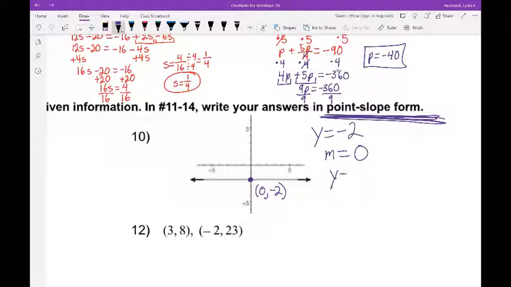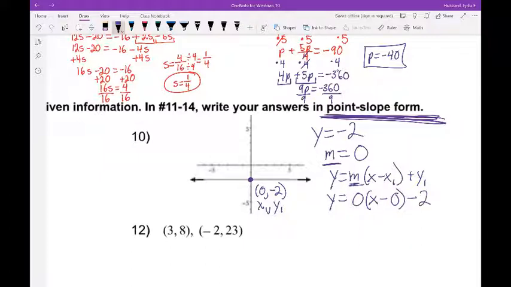So again, going back to the y equals m times (x minus x1) plus y1, where in this case our m is 0. We'll keep x the same, and this would be x1, y1. So minus 0, and then y1 is a -2.